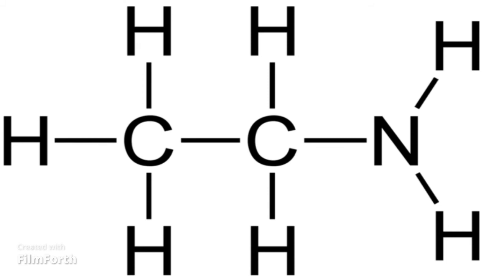Now, before I count, I determine the number of sigma and pi bonds. Single bond means 1 sigma bond, 0 pi bonds. Double bond, 1 sigma bond and 1 pi bond. A triple bond means 1 sigma bond and 2 pi bonds.